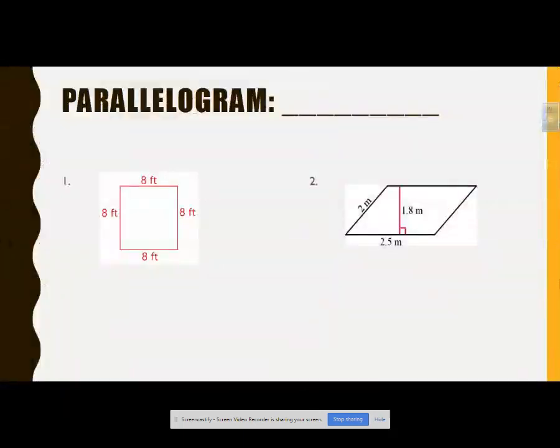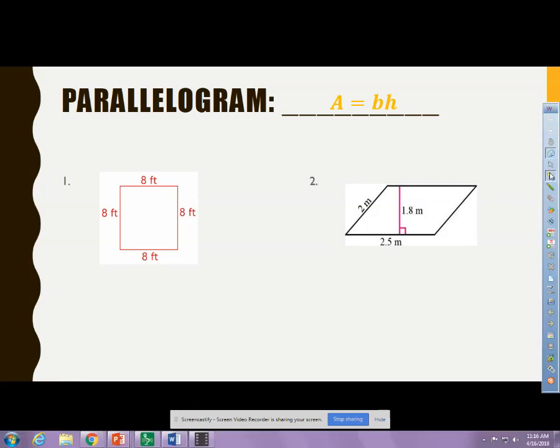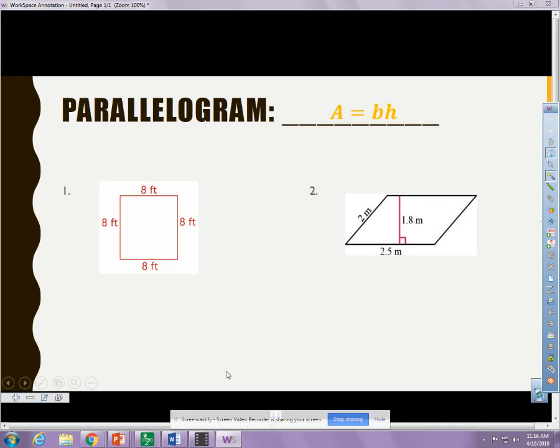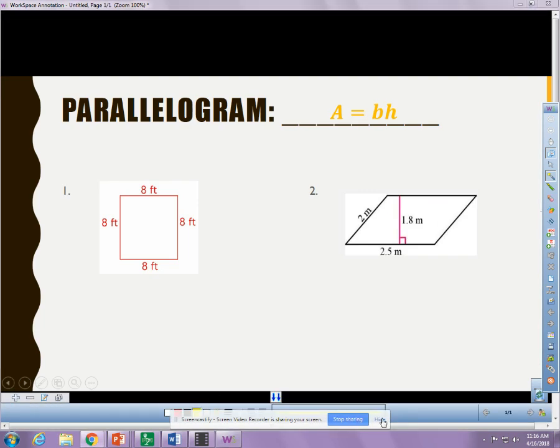So let's look at a parallelogram first. The formula for a parallelogram is A equals base times height. And we're going to look at number 1. So number 1 is a square.